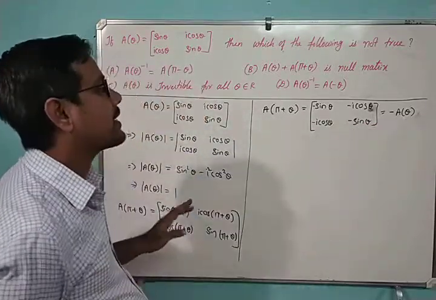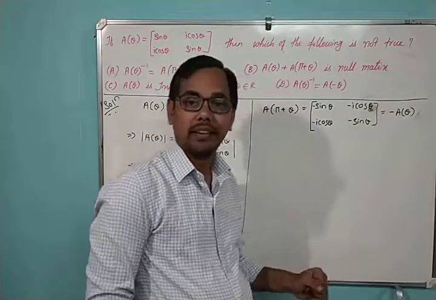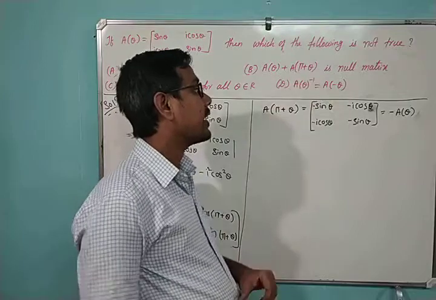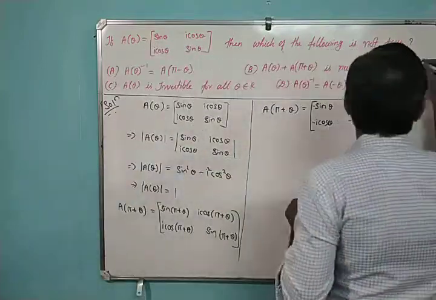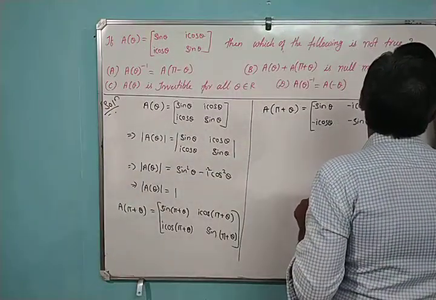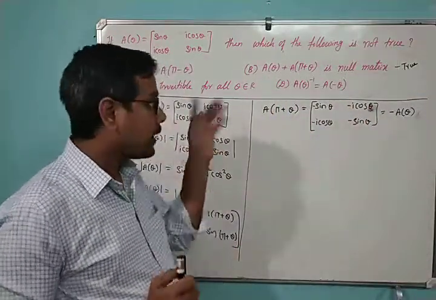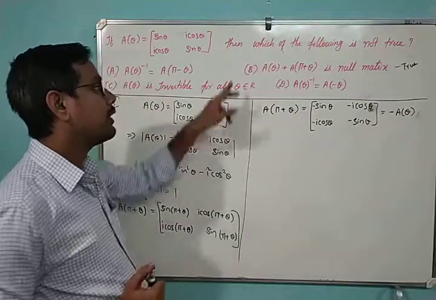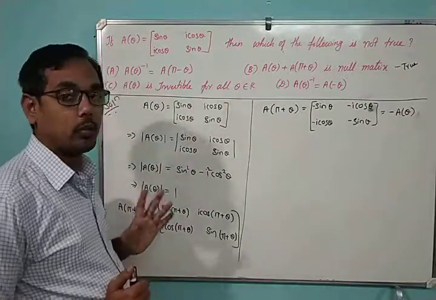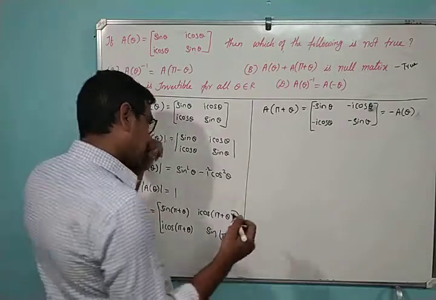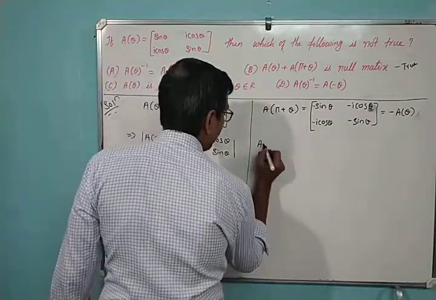Both will cancel with each other. What remains is a null matrix. So this one is also true. You should go on marking whichever option you find true. So this will not be our choice. We should find the wrong one. Okay? So now, what is the adjoint of A of theta?